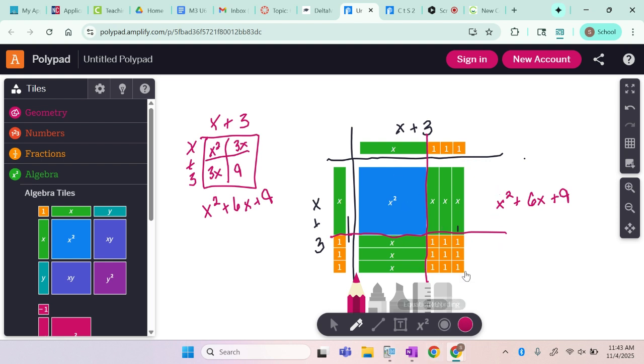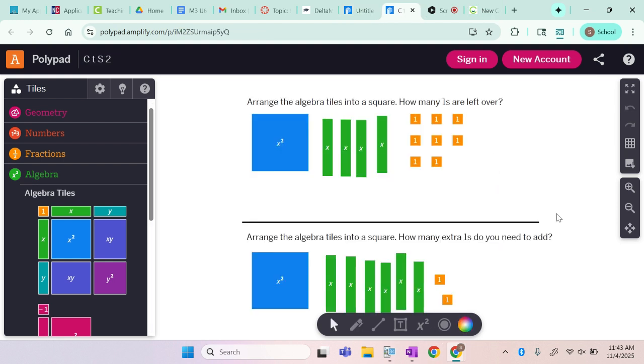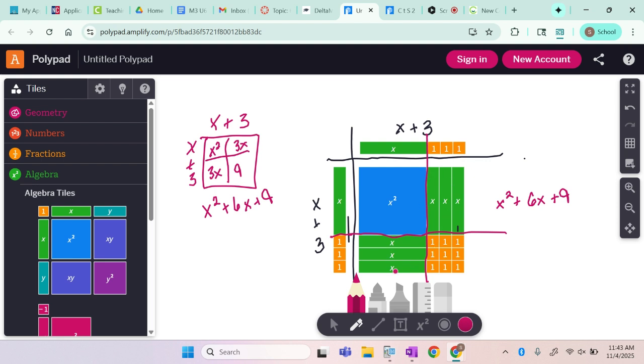On your end, let's do the first one together. The first thing is that we want to arrange the algebra tiles so that it looks like a square, or as best as we can get it to look like a square. If we look at my example here, you want to take your x bars and split them evenly between the side of the x squared and the bottom of the x squared.